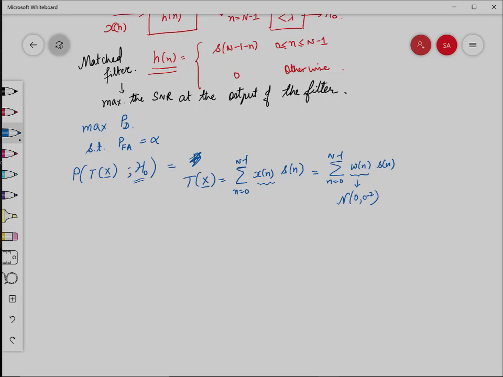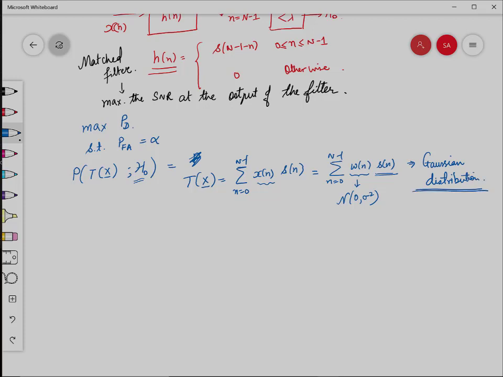So if you take the sum of Gaussians, where s[n] is a constant for each time interval, this is again a Gaussian distribution. This we all know.